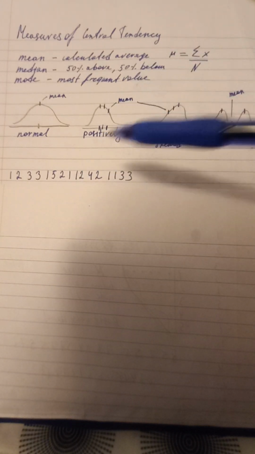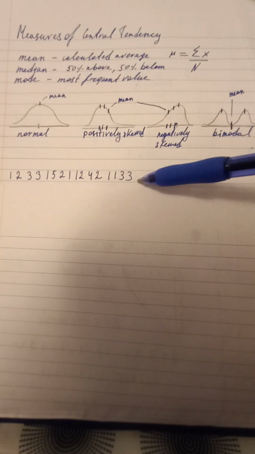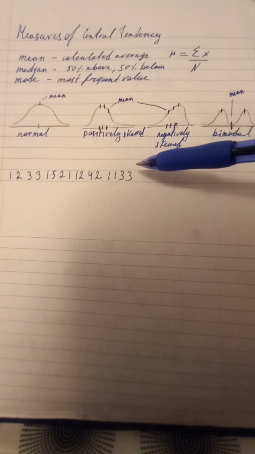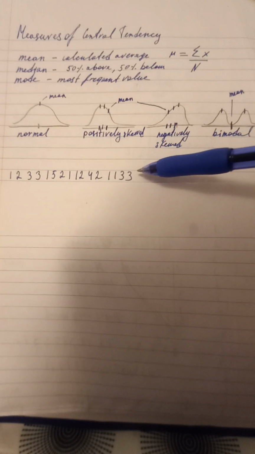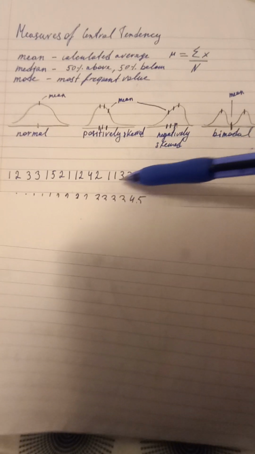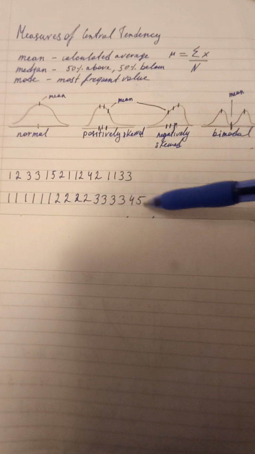So when you will be working with sets of data, you will often see a sequence like that. We have 16 numbers here out of order, and it would be way more convenient to work with them if we put them in order like so.